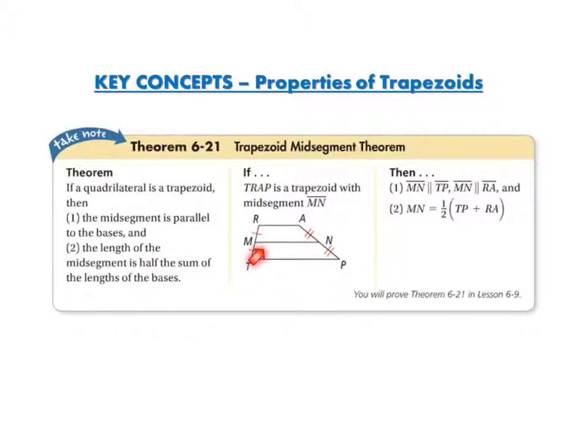On the other hand, if you take 2 times the midsegment, it is the same thing as taking the sum of the bases, which you're going to see in a minute, because that's what you're going to be doing more of, taking 2 times the midsegment.